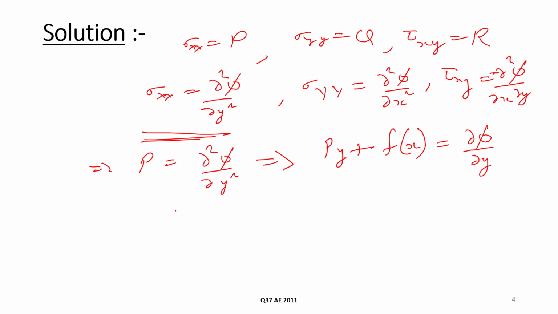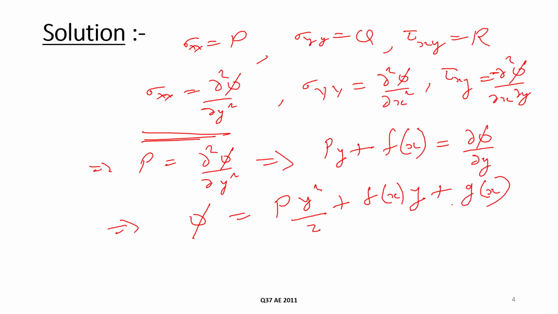We will once again integrate this, and we will get φ equal to py²/2 plus f(x)·y plus some new function of x. Because this differentiation is with respect to y, that's why this constant will be a function of x.